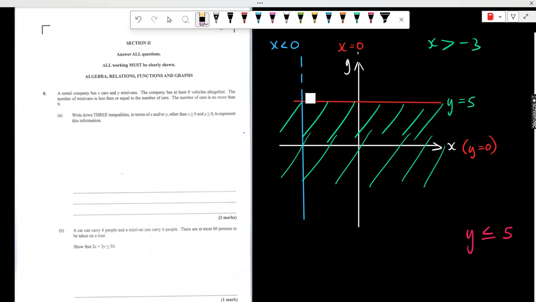I'm making the line broken, so I'm erasing sections of the line because the line needs to be broken. Why? Because we want to represent the region where x is greater than negative 3. If x is greater than negative 3, is negative 3 included in the set of possible values?